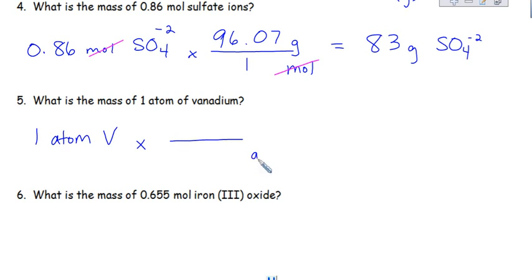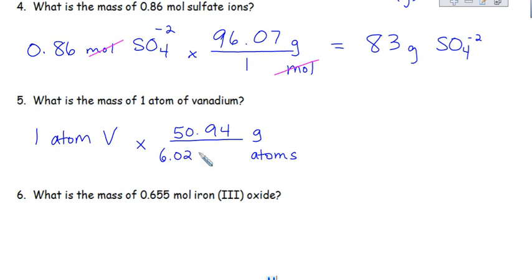I'm going to cancel atoms. I want mass or grams. The mass I can find on my periodic table. Vanadium, 50.94 grams. Now that is not the mass of 1 atom. That is the mass of a mole of atoms.